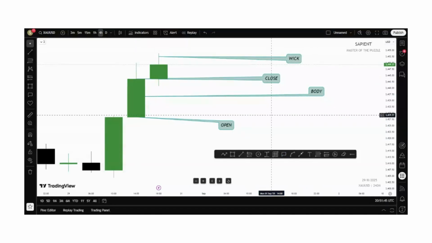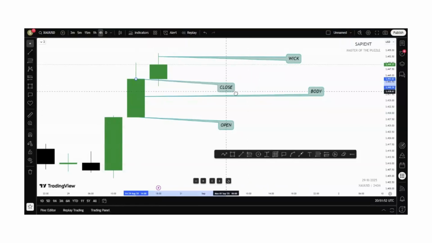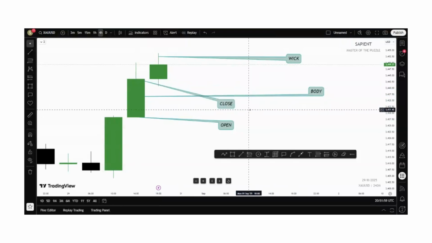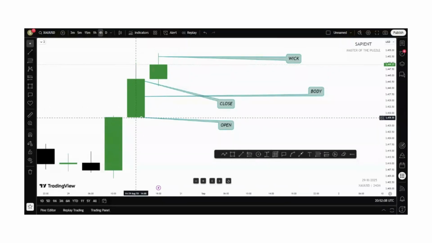Open, close. You might not even understand this explanation. If you don't understand, go back and rewatch this video. Screenshot it like this and study it. You will understand. It's very, very simple. So open, price goes up, then after 4 hours, price closes at this level. So this is the close.